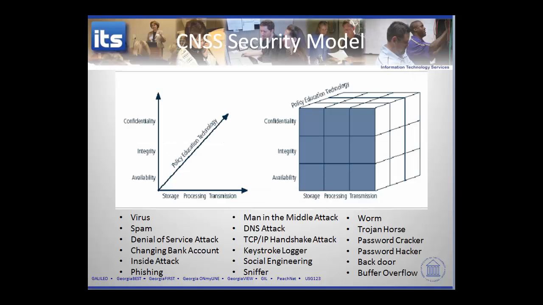There's the CNSS security model, and those 18 different types of attacks or issues associated with security that you want to be able to address. And again, there are some subsequent videos that talk about responding, 3 videos each covering 6 different types of attacks.